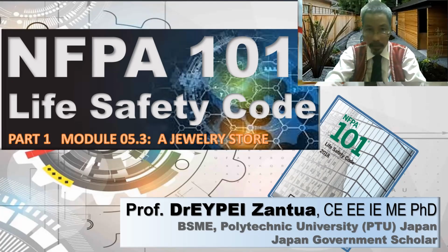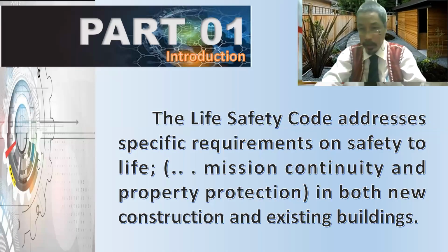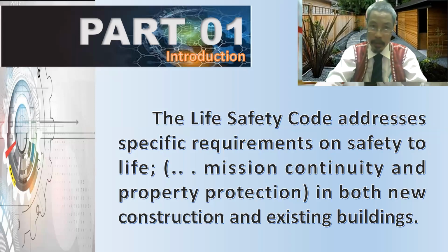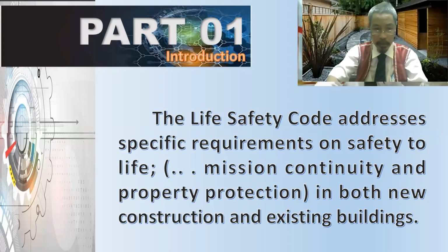So let us proceed with the discussion, starting with the goal and objective of the Life Safety Code, which is to address specific requirements on safety to life, mission continuity, and property protection in both new construction and existing buildings.